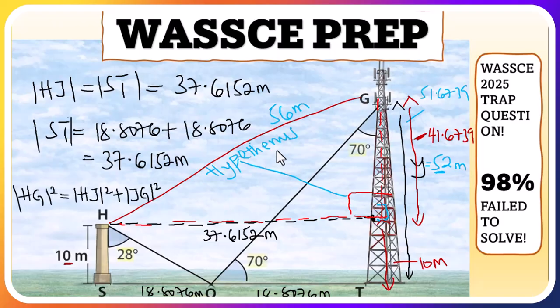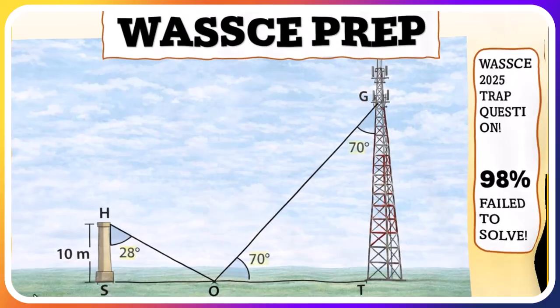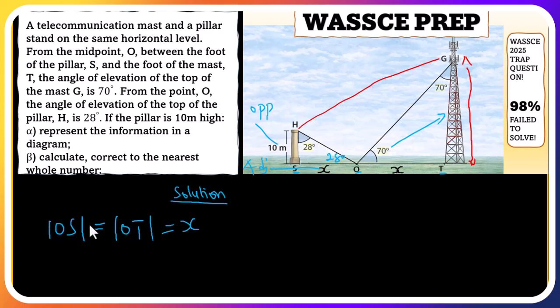One of the mistakes noted by the chief examiner was that the student forgot to describe the point O as the midpoint, thereby giving the same distance from O to S and O to T. That was described here as the first step, equating OS as OT. Most of the students failed to do that, and that resulted in their failure.